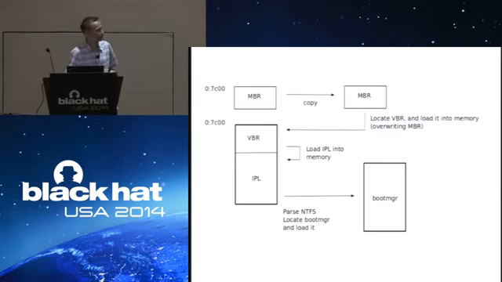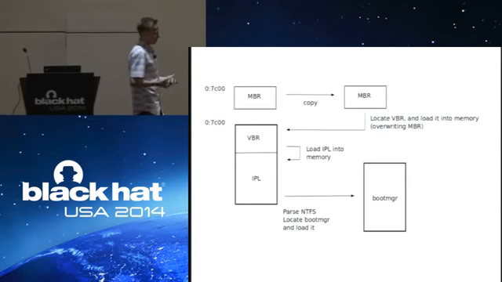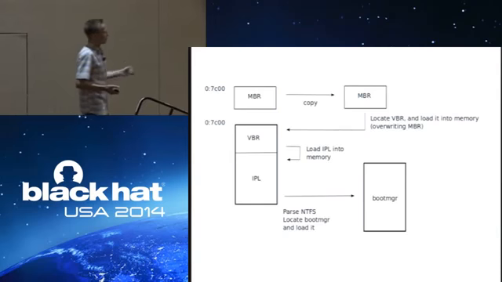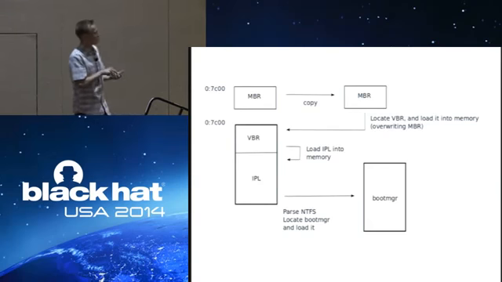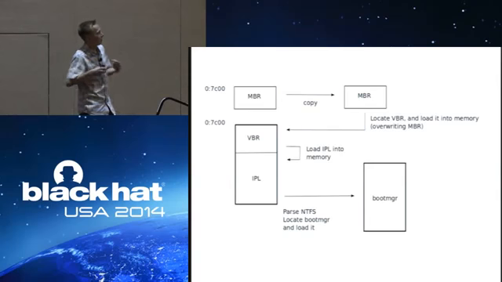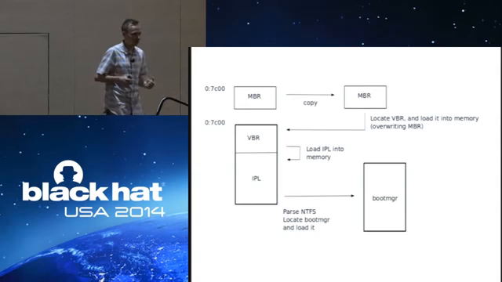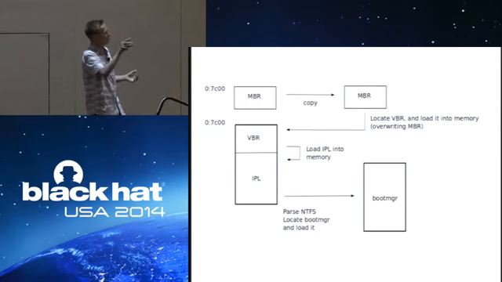So this is just an illustration of how we expect the boot process to work. You can see in the left-hand corner, the MBR has been loaded into memory at 7C00. Because it seeks to load the VBR into the same place where it resides itself, it will typically copy itself to a different memory location.